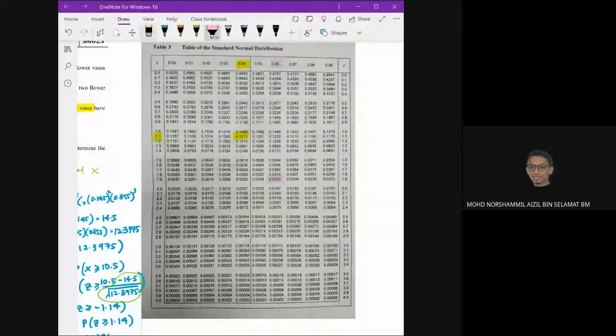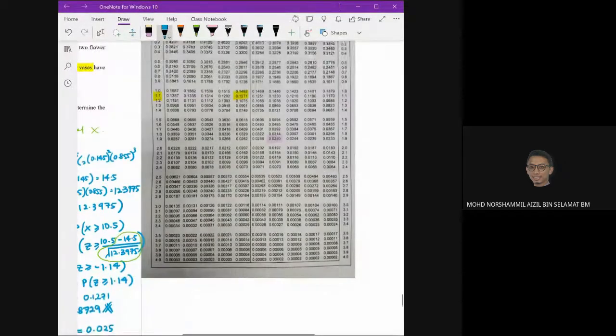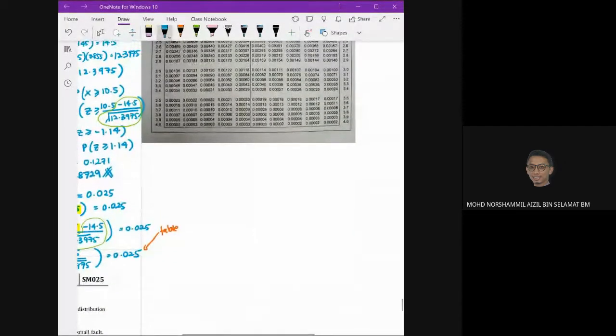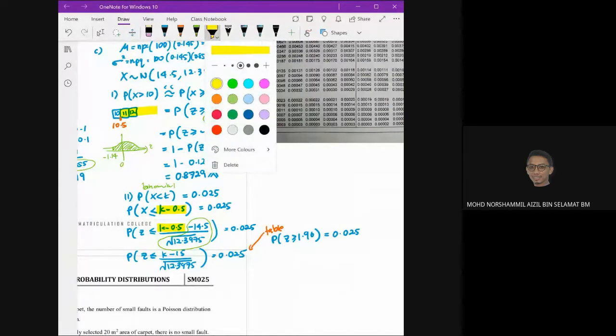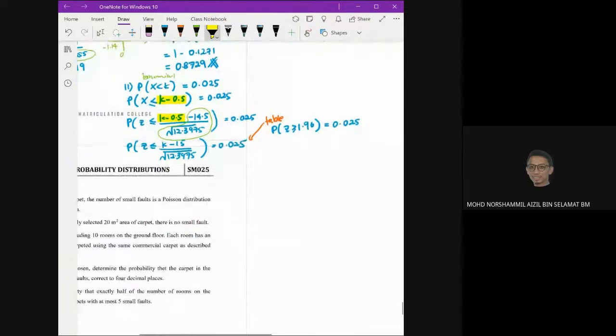Okay. 1.96. Jadi maksudnya daripada table, from table we obtain that probability of Z greater than or equals to 1.96 is equals to 0.025. So nampak masa depan ya? Apa jadi? Compare. Comparison. So this part will be equals to 1.96.